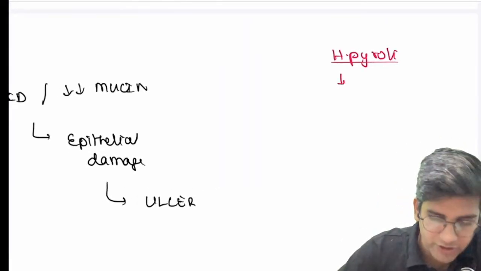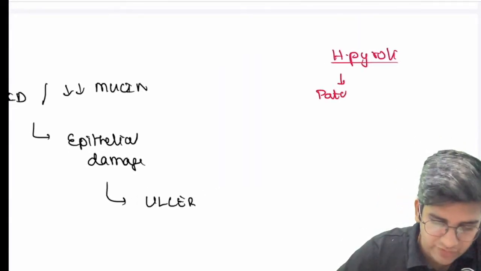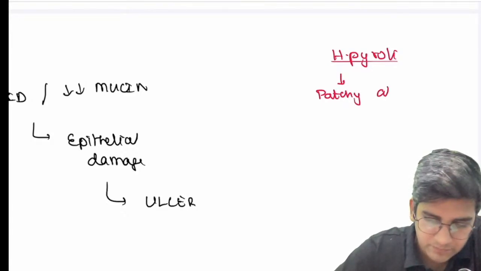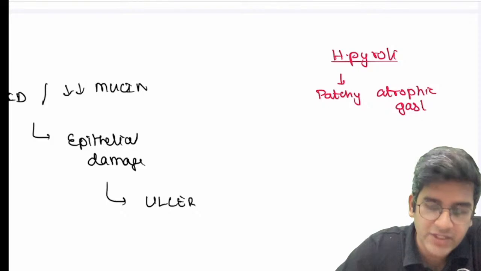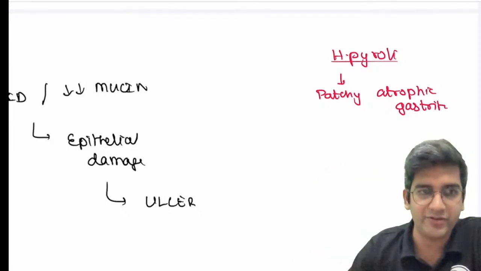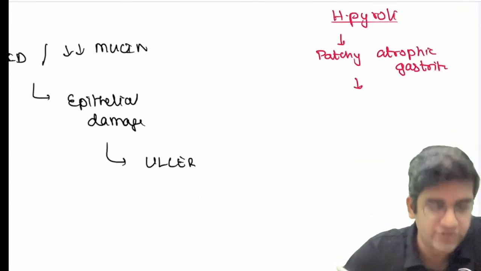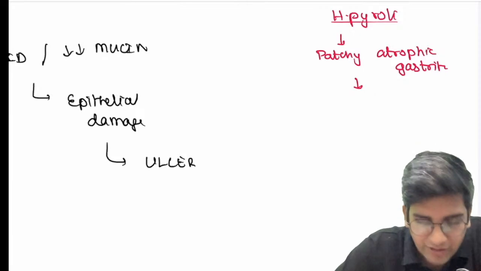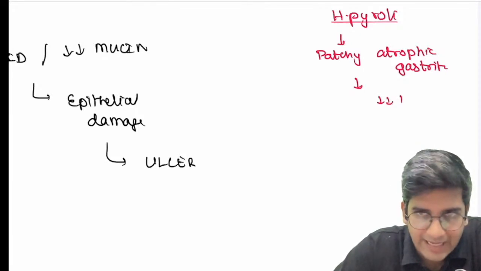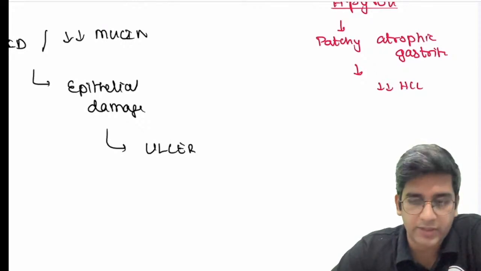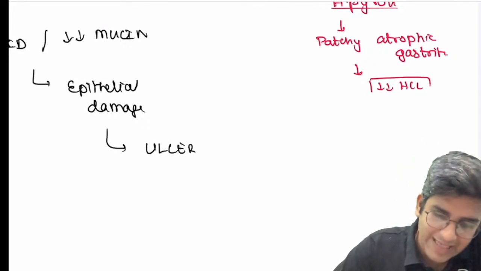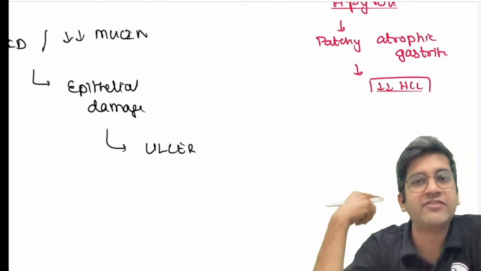H. pylori causes patchy atrophic gastritis, because it's an inflammation-induced ulcer. It will destroy everything. When it's patchy atrophic gastritis, it will by default reduce my acid secretion. So once it reduces acid secretion, what will be the effect on gastrin?